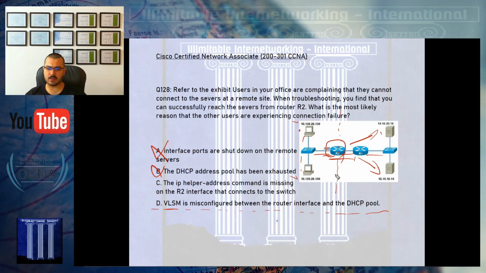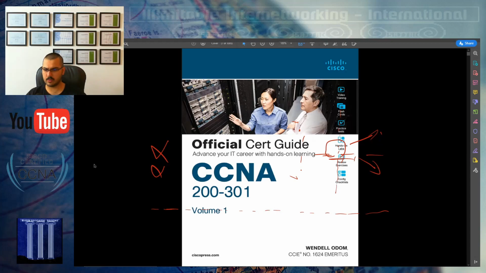I thought there is no VLSM in the CCNA, and I thought VLSM stood for VLAN, or VPLS, but no. Let me just check again what VLSM stands for, and see if the official books talk about such a thing.